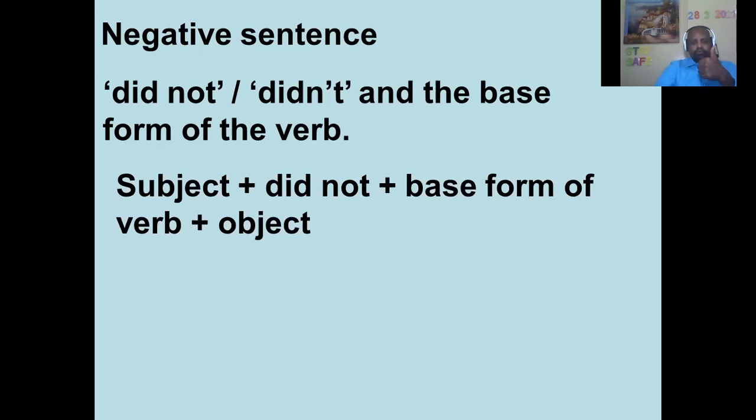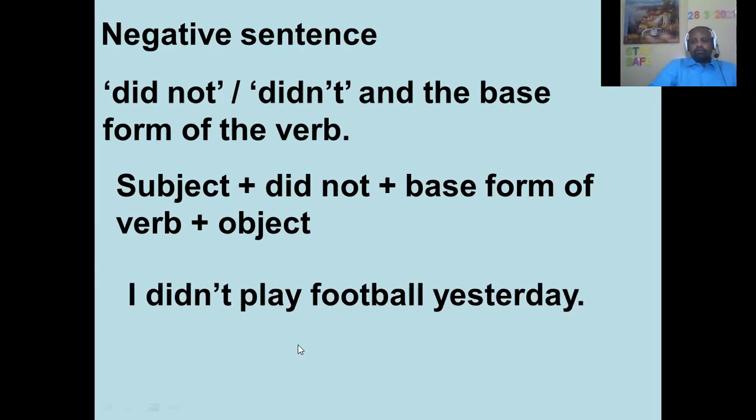Subject, did not or didn't, plus the base form of a verb. In affirmative sentence, we use the past form. Within the negative, we move back to the base form of the verb plus the object. How is that? Read this example.